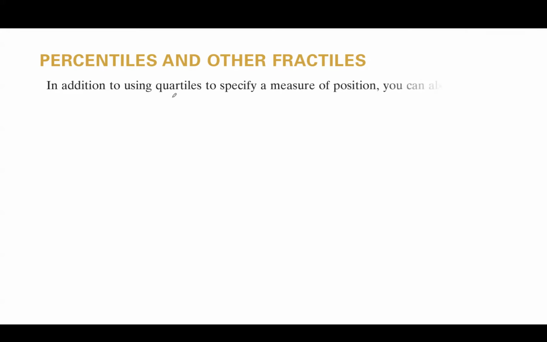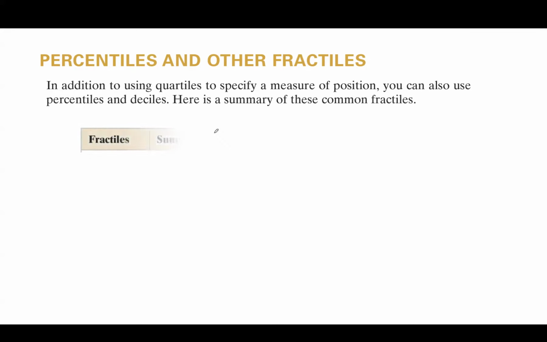Other than quartiles, we have percentiles and other fractiles that we can talk about. In addition to using quartiles to specify a measure of position, we can also use percentiles and deciles. Here's a summary for your attention.